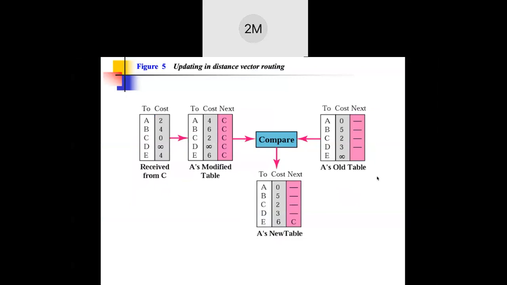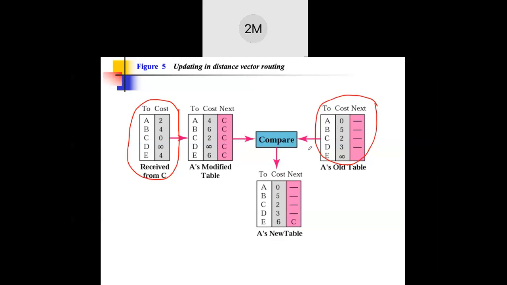Now what you can see is, this is the table received from C. It will compare the table with this table. Okay, so it will keep this entry 0. It will modify this entry to 5. Keep this entry.